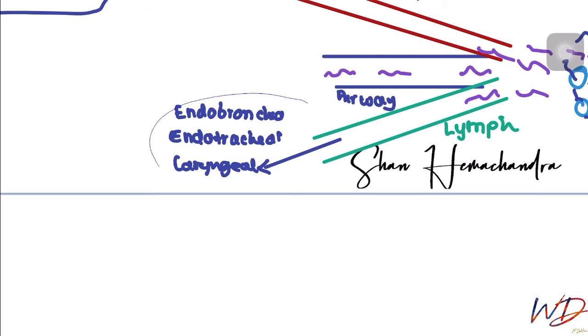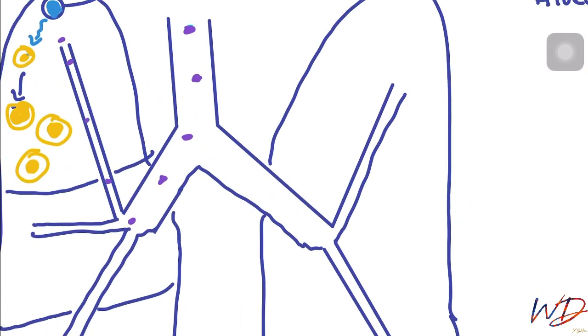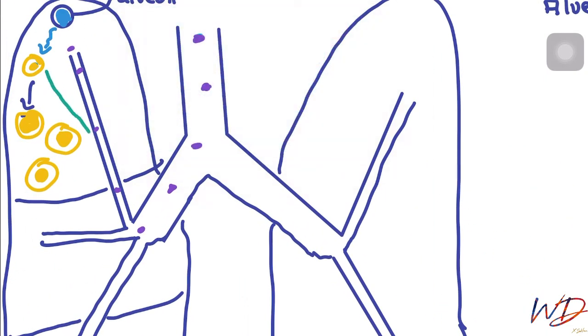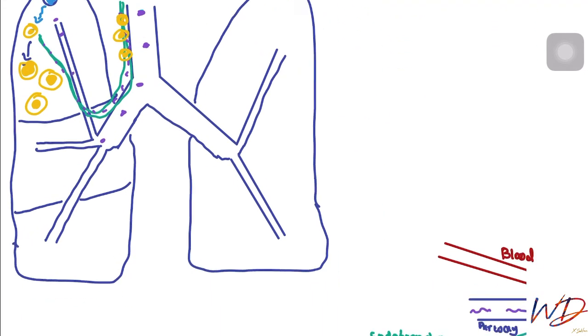Let me change the color. So what does that mean? It can spread through the lymph this way. And what happens when it goes to a certain location? It will destroy that area. There's going to be caseous necrosis and destruction of the associated areas.